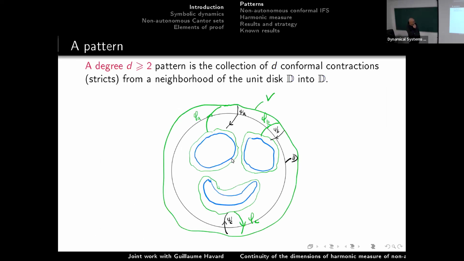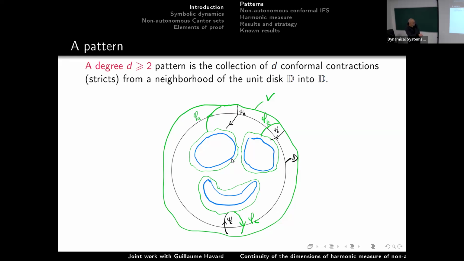So to start with, what do we call a pattern? The pattern is, in fact, what you see here, these blue areas. That is the unit disk.